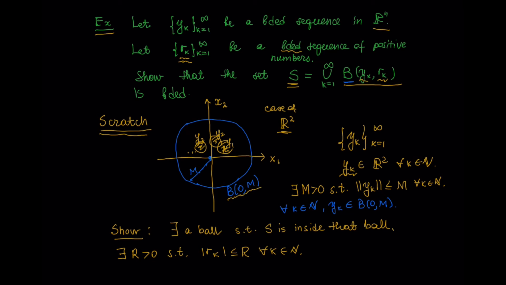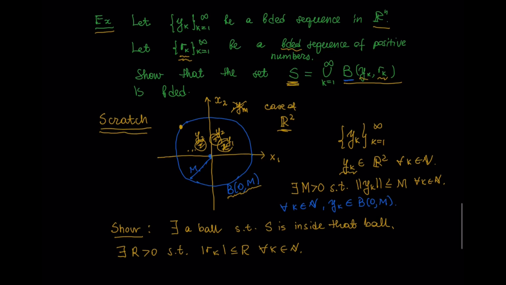So there will be no situation where one of these points yk is outside of the ball, because they're all inside. They may be on the boundary though. Now we can formulate the question: is it true that the set S is inside of this ball B(0,m), the disk in this case, centered at 0 of radius m? It would not be true to say that the set S is inside of this ball.